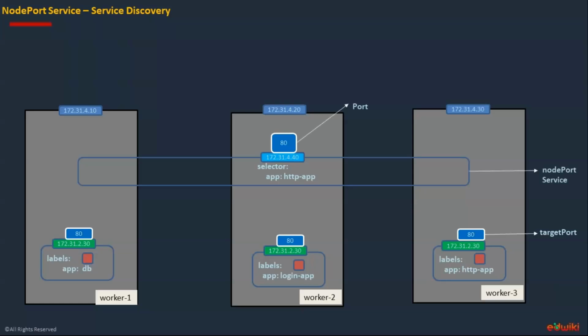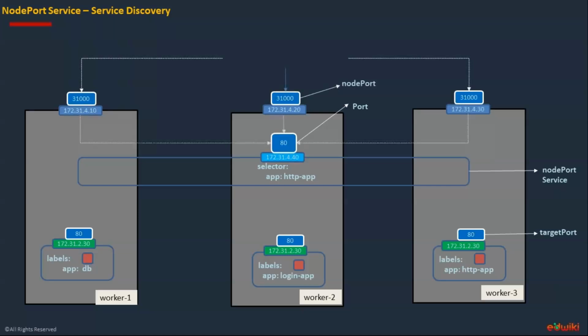Now the service has the port mapped to the multiple worker nodes like this, so that the request may come to any worker node, and it doesn't matter where the pod is running, you are able to access the application. Are we good with this? In this example, probably your Apache web server is running on worker node 3, but you are still able to access it from worker node 1.